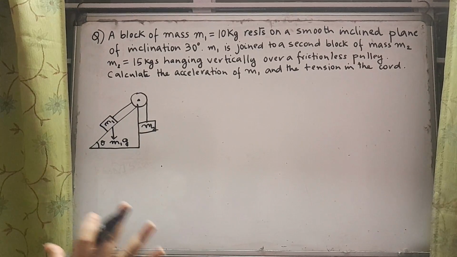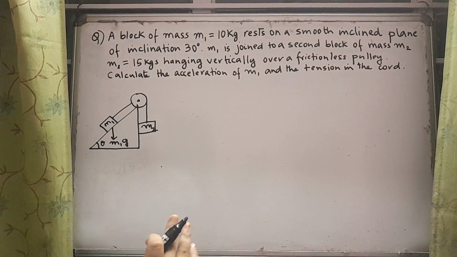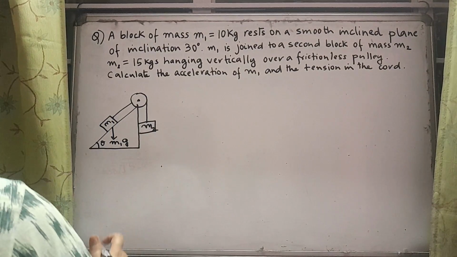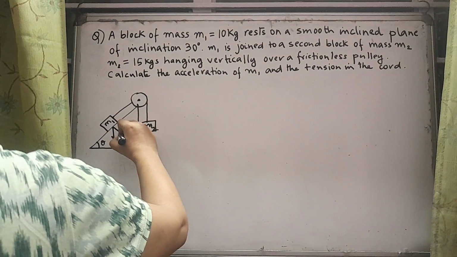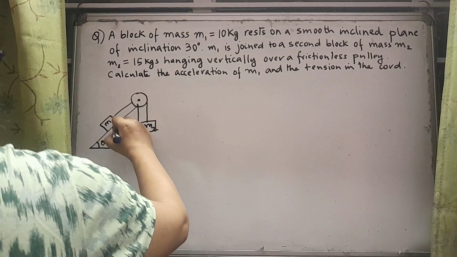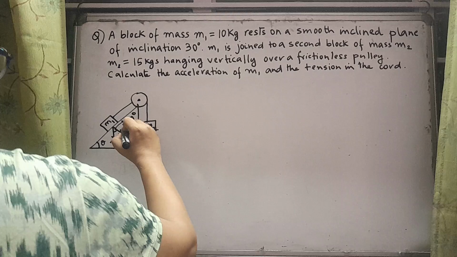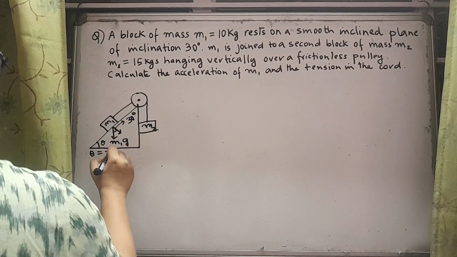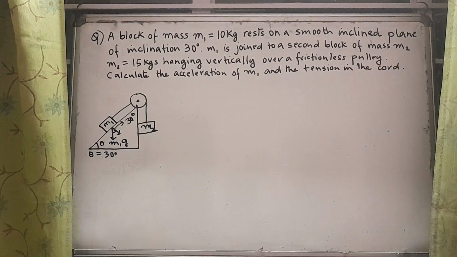All weight on the earth's surface acts towards the center of the earth. So wherever we put an object, its weight will act vertically downward. If this angle is theta, then this angle will also be theta, which is 30 degrees, and m2 is greater than m1.